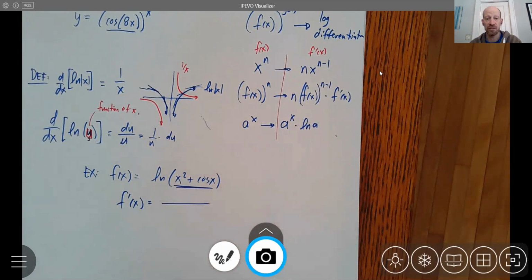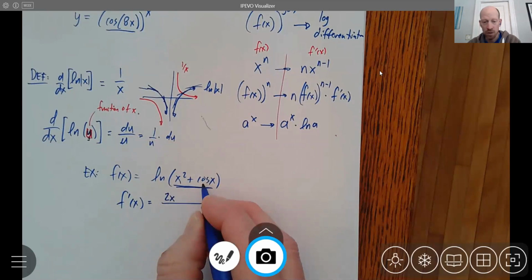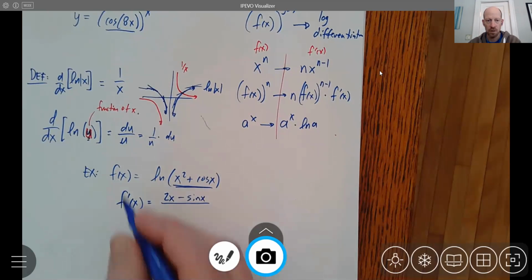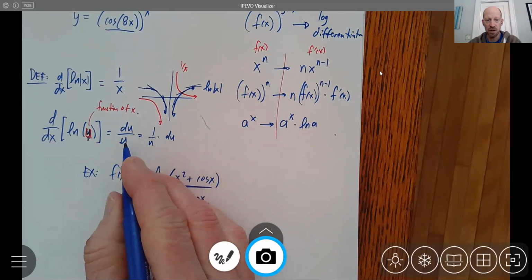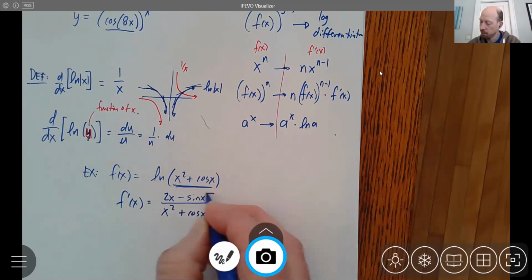This is functioning as my u. So the derivative of u is 2x, and then the derivative of cosine is minus sine. So that's my du, and then the bottom is just exactly u, x squared plus cosine of x.